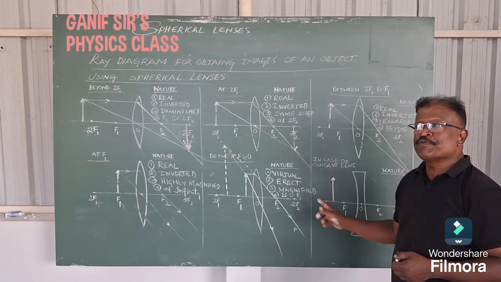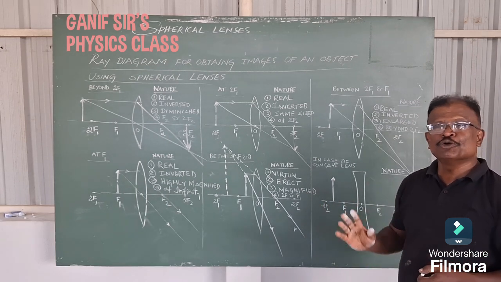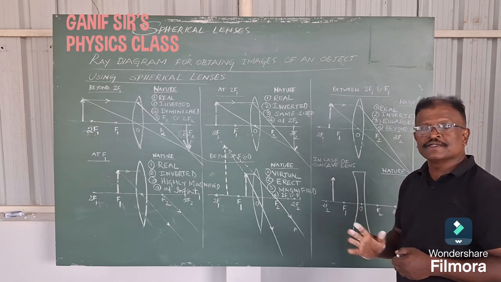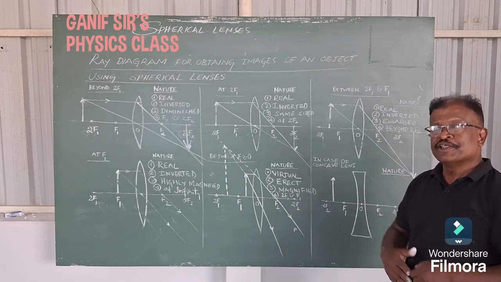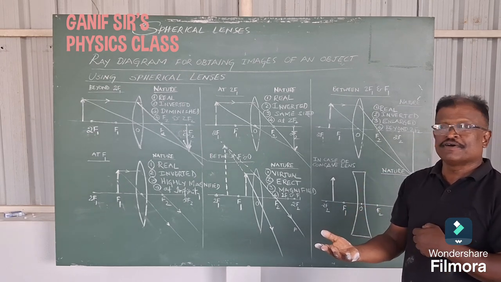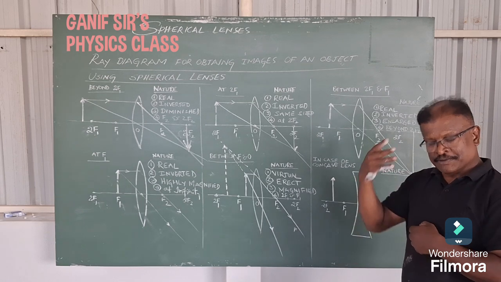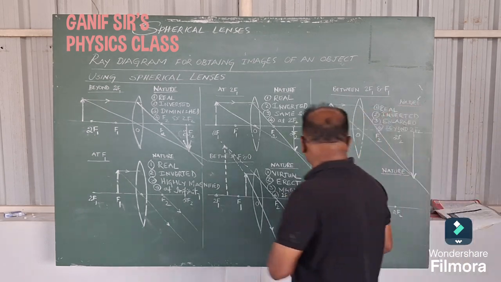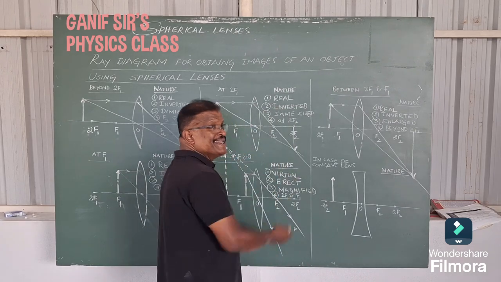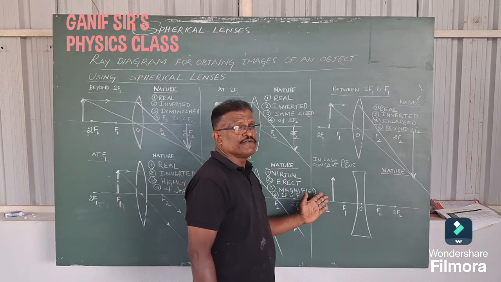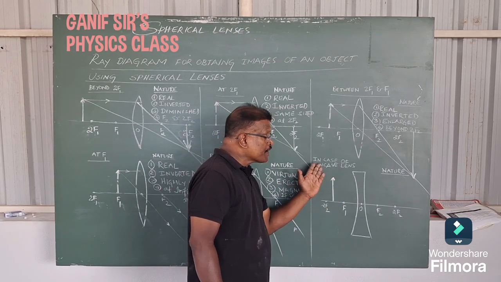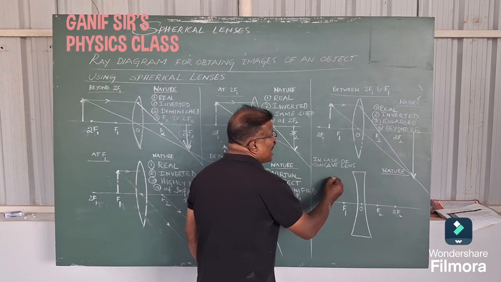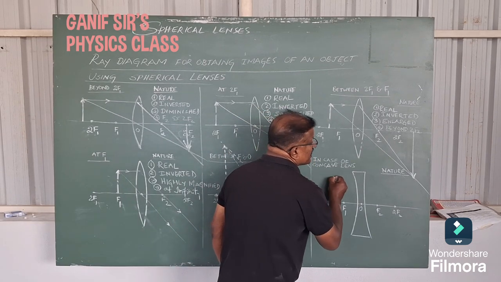Now finally we'll see what happens when we place an object in front of a concave lens. Irrespective of position, the image obtained in the concave lens is the same. Whether you keep it beyond 2F or in between 2F or anywhere, irrespective of its position, you will get the same nature of the image in case of a concave lens. Now let's see how we can draw the ray diagram.